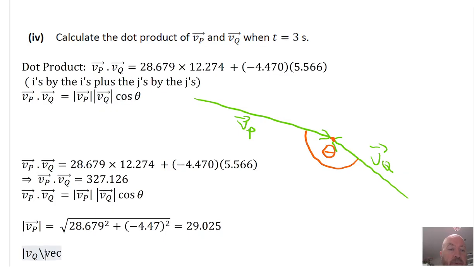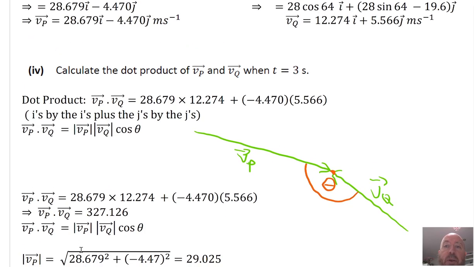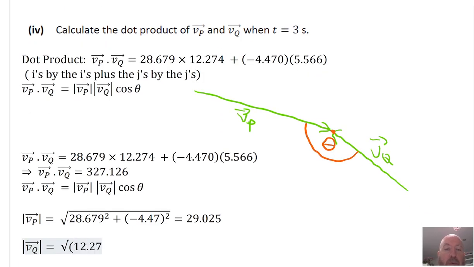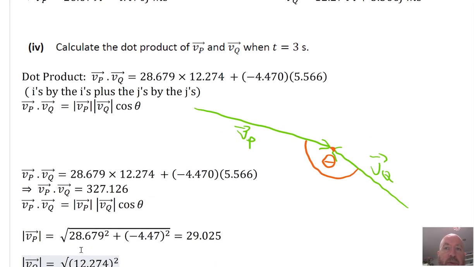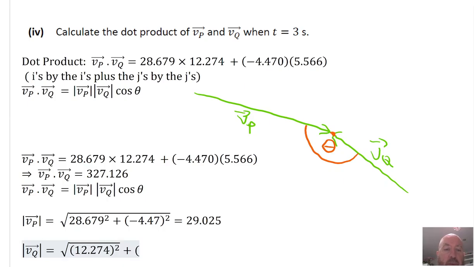Now the modulus of VQ, and that's a square root again, and just writing down, it's 12.274 squared plus 5.566 squared. Sorry, I'm just not playing ball again.